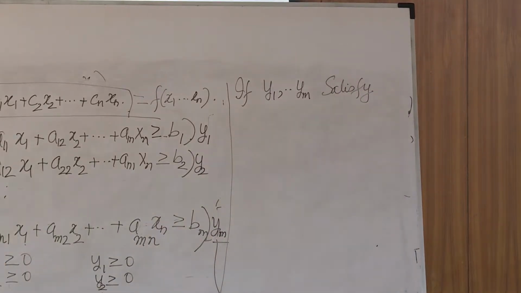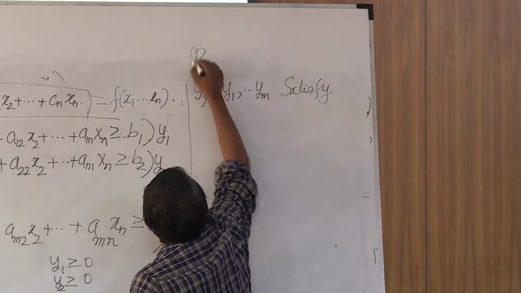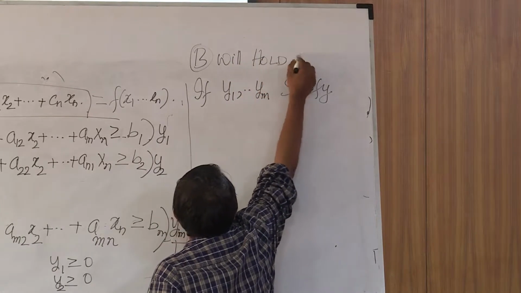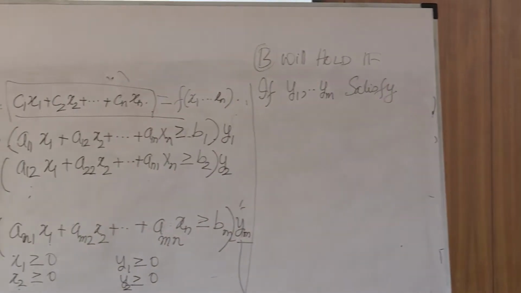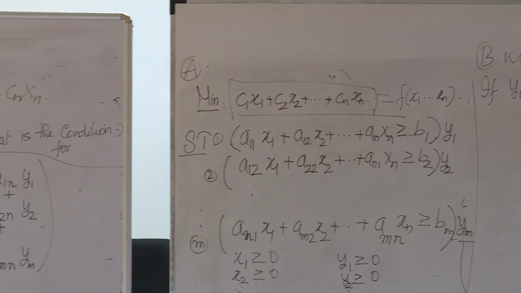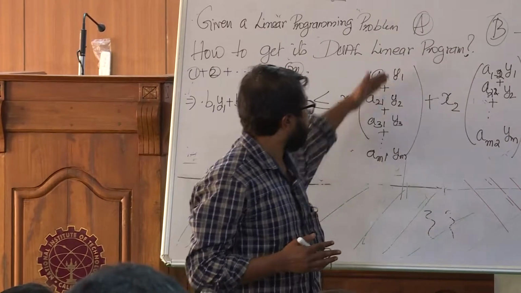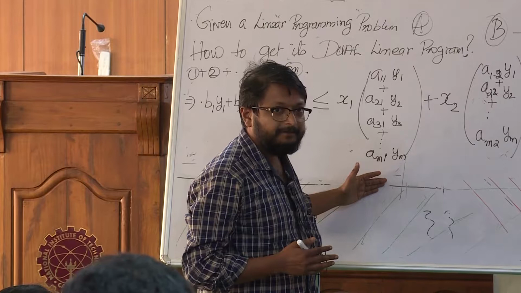So equation 1 will be, let us say this is condition B. B will hold true if y1 to ym satisfy, this sum should be less than or equal to C1, right?